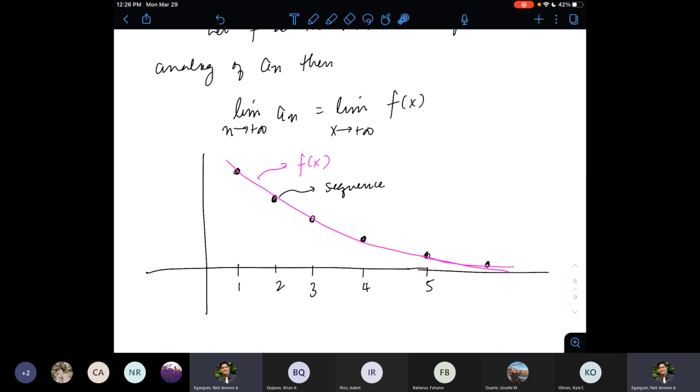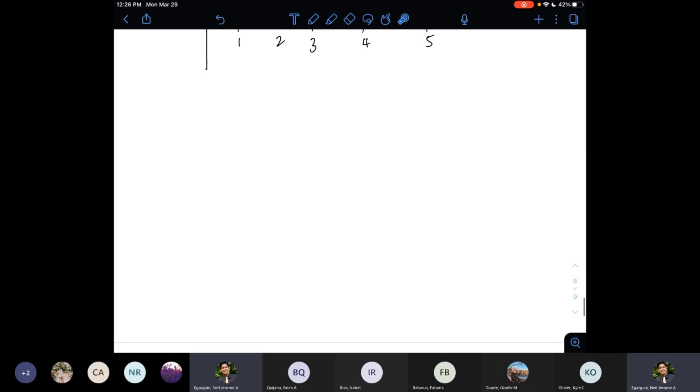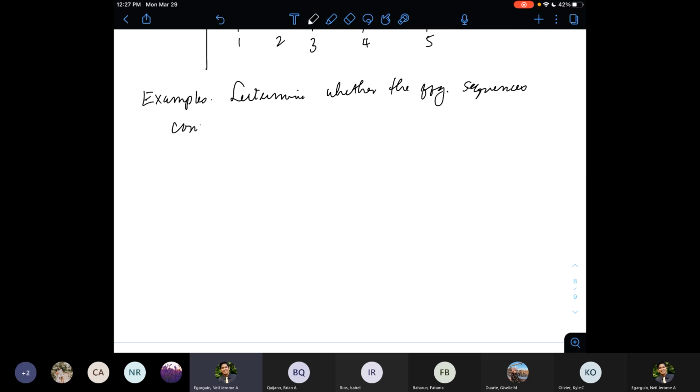Okay, now let me show you some elementary examples here. Let's say determine whether the following sequences converge. Number 1, let's have 1, 1, 1, 1, and so on.